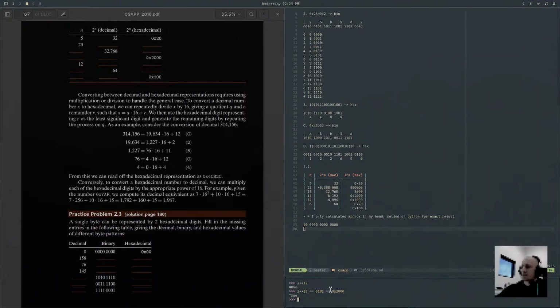So let's test that. We say, sorry, 2 to the power of 6 is equal to 64, which is equal to 0x20. Oh. Did I mess up? Okay, I messed up the 20.